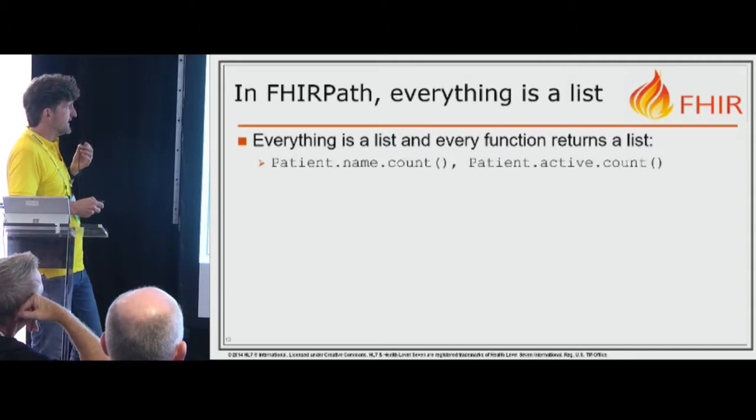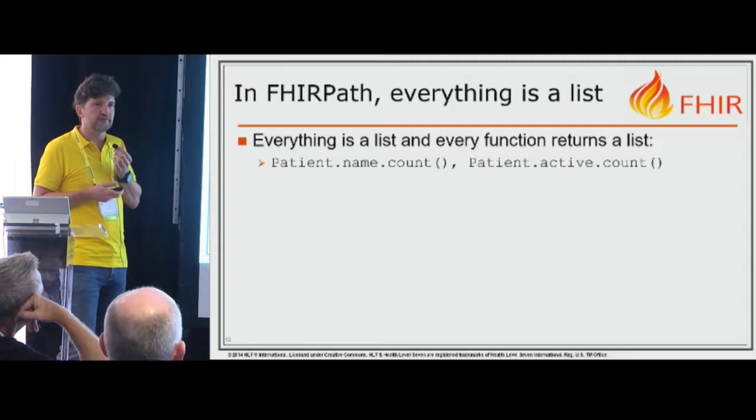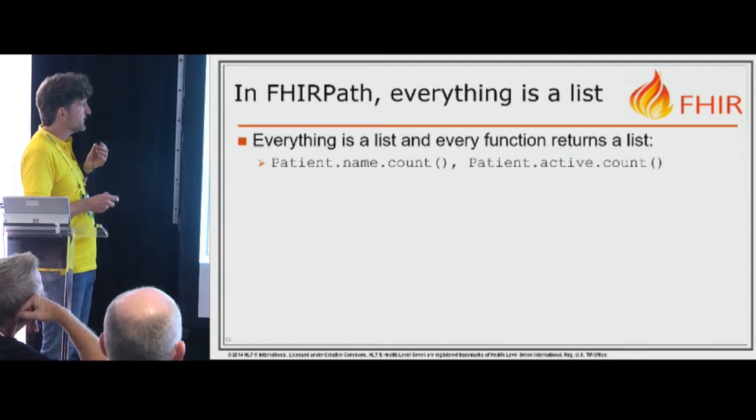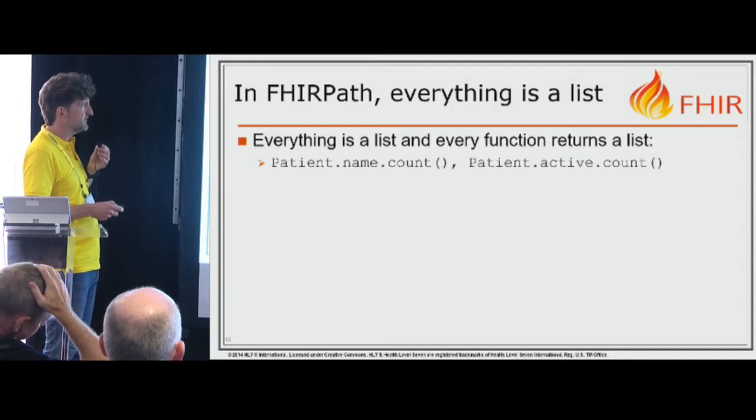So patient.name could be multiple, so count seems to make sense. But if you know patient.active, there is only one field active, count sounds a little bit weird, but the FHIRPath engine doesn't care. It doesn't really know whether something repeats like patient.name or whether, like patient.active, by its definition in FHIR, there's only one. It sees both as a list.